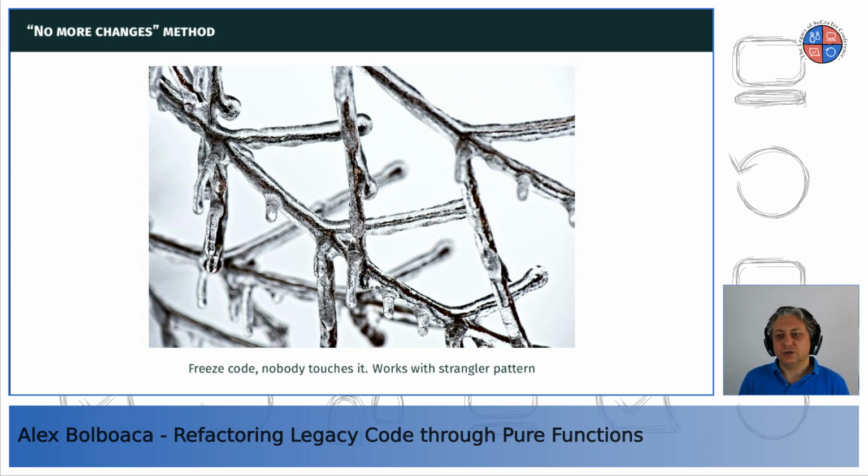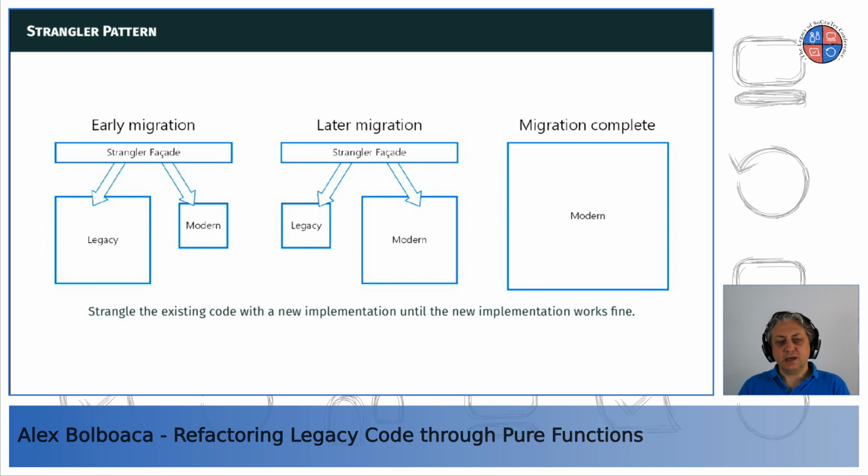But it's also not necessarily helping. It turns this part of the code in inventory into something that you cannot develop anymore. But it reduces the risks a lot. And so when I say this, it works quite well with a strangler pattern.